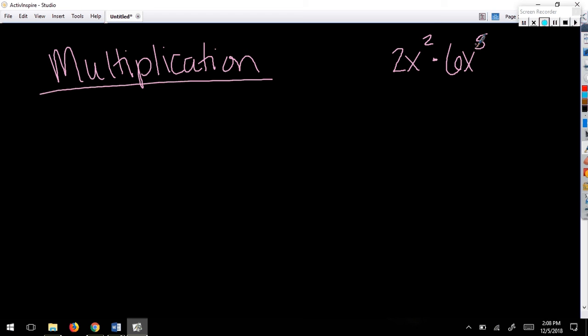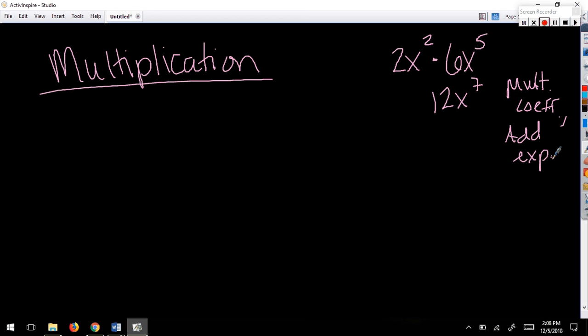When you multiply terms together, what do you do? Multiply the coefficients and add the exponents. So it's 12x to the 7th. So it's multiply coefficients and it's add exponents. Okay? That's going to be the key.